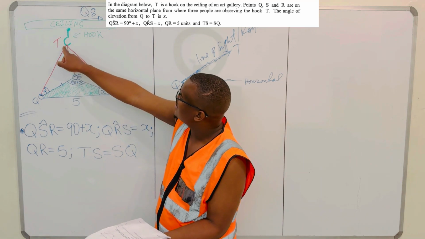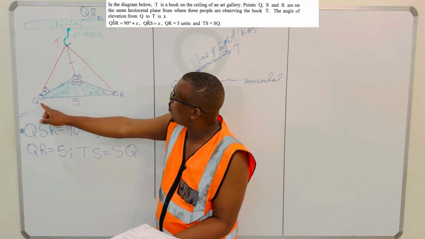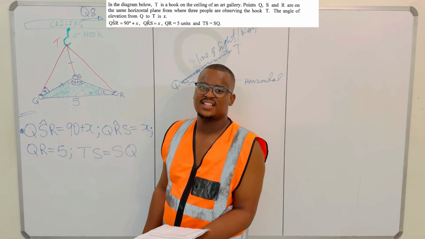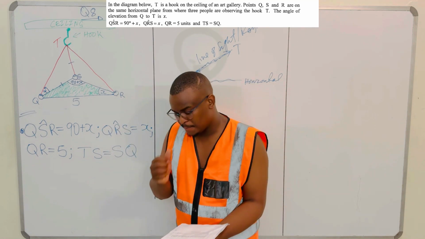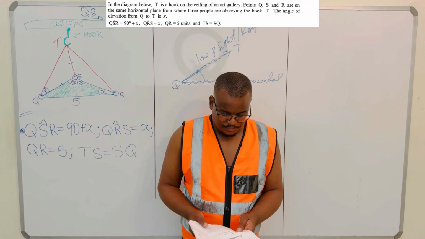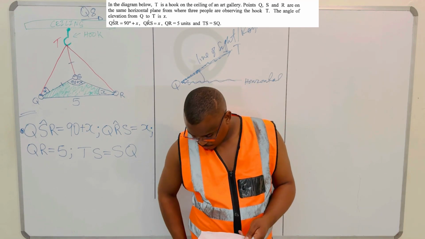So you can say T and Q are equidistant from S. They're equally distanced from S. This is another problem. So let's try to go forward.